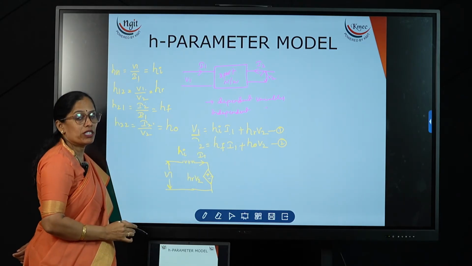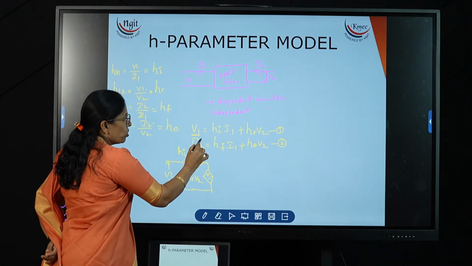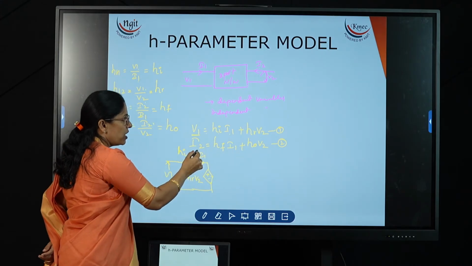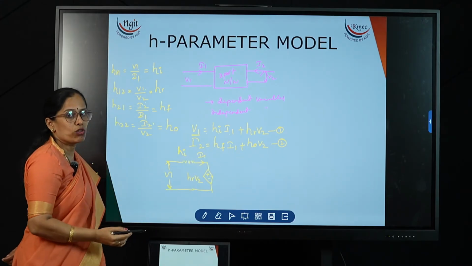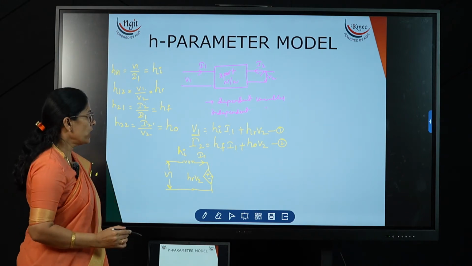Similarly, we need to draw the diagram for expression 2. Now this is I2. The entering current is equal to the leaving currents, or the algebraic sum of all currents is equal to 0, so we need to apply the node on the output side.